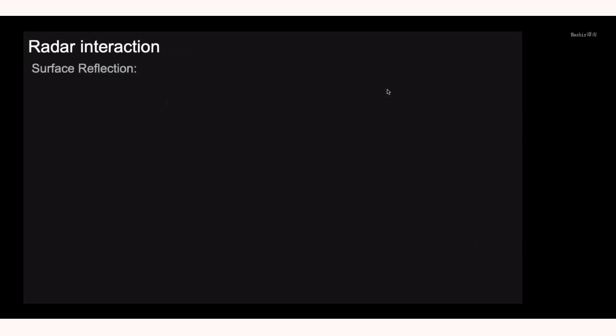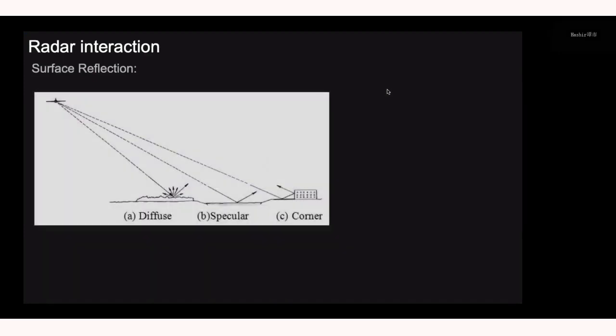So now, the radar interaction with surface reflection. The smoothness or roughness of a surface with respect to radar depends on the wavelength and incident angle of the microwave energy or signal. A smooth surface, which we can also call a specular reflector, will tend to reflect the microwave energy in one direction, as we can see in part B here. It will go away from the sensor.